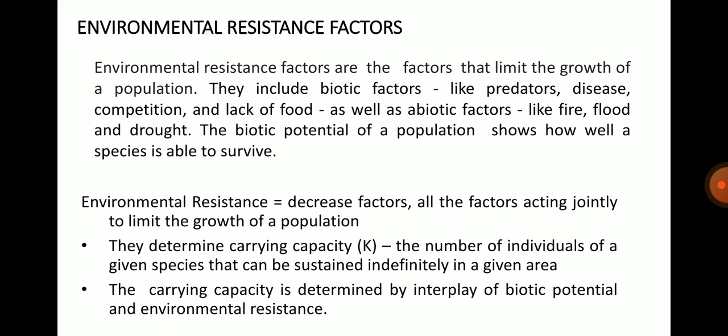The biotic potential of a population shows how well a species is able to survive. So, the environmental resistance is equal to the decrease factors, as all the factors acting jointly to limit the growth of a population.